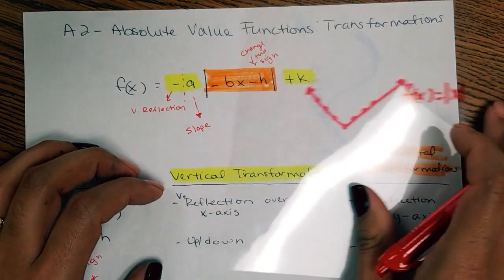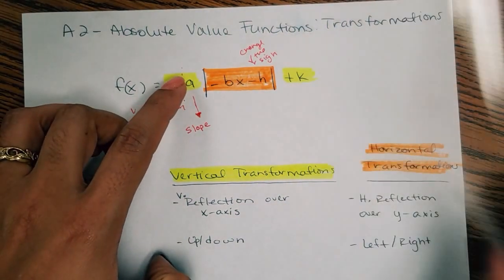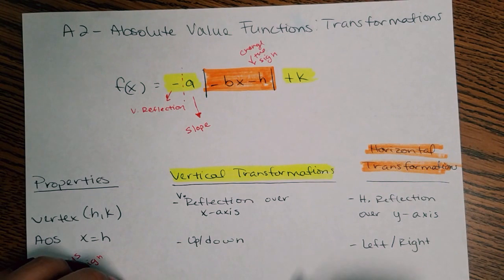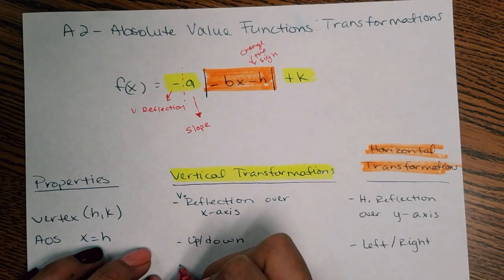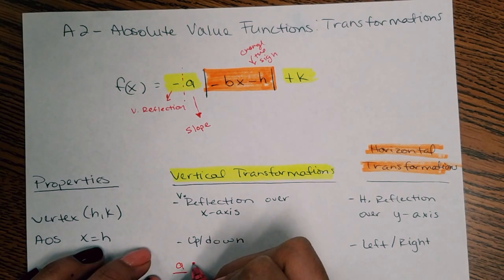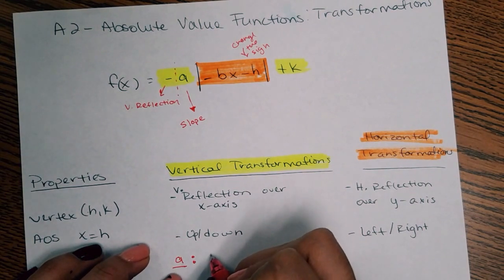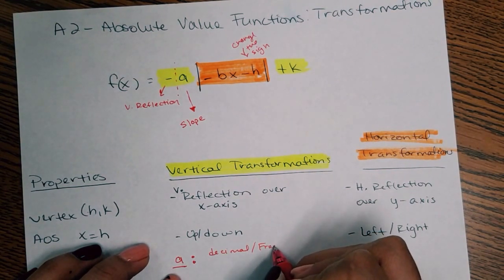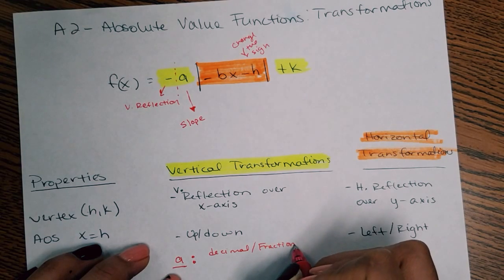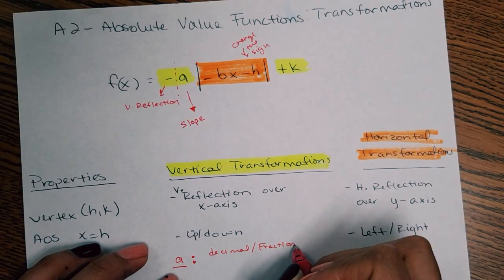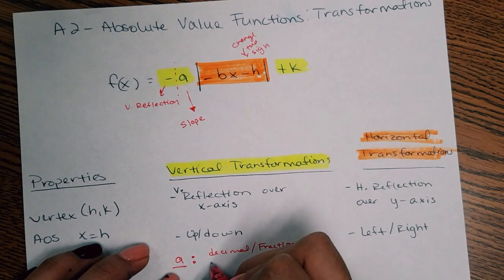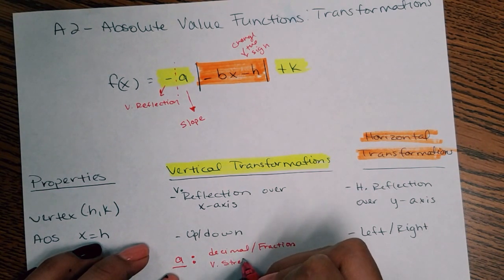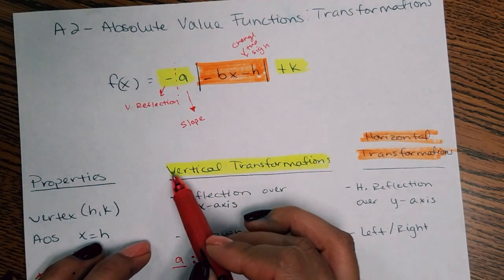So the values that you have in here for A are also going to give you transformations. For your value of A here, if it's a decimal or a fraction, it's going to be a vertical stretch. V here just means vertical.